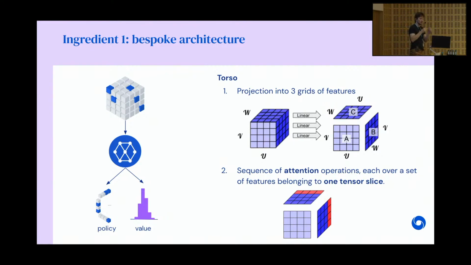Because as I mentioned, most of the compute is spent in acting, and in acting, to decide on every single action that the agent plays, it needs to build this tree search, and whenever you add a new node in the tree search, you have to query the neural network. So you're querying the neural network a huge number of times, and it's very important for it to be very fast at inference time. So we are looking for architectures that would not only model the problem in the best way, but also be very fast.